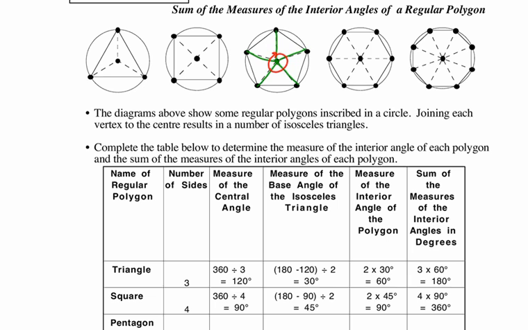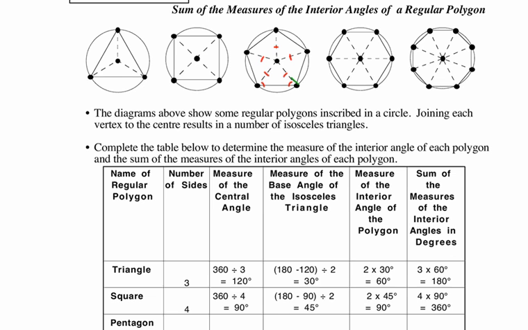Because it's inscribed in a circle, each one of these is a radius. The center of the pentagon is the center of the circle, meaning each of these triangles is an isosceles triangle. So this angle here is equal to that angle there because it's isosceles.